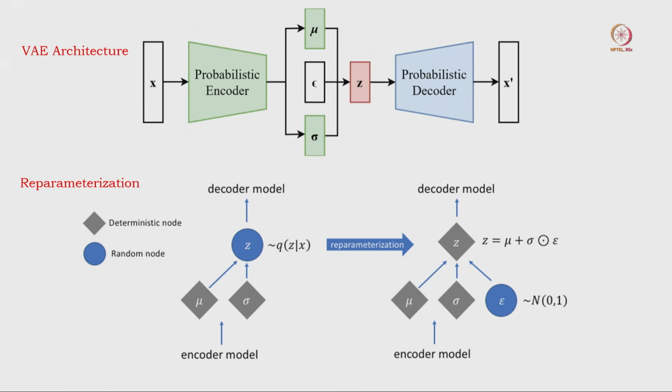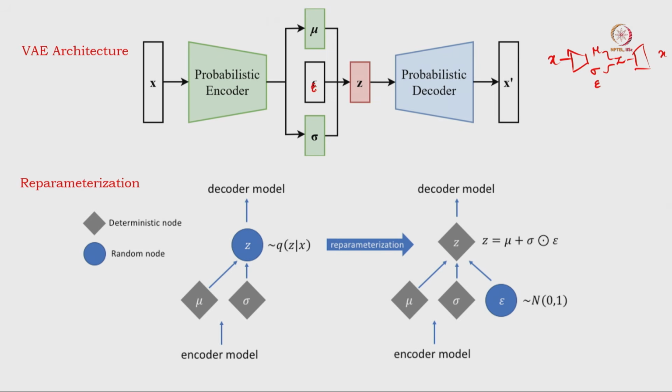This is the final architecture of the VAE. Earlier we just took the input and passed it to an encoder. The encoder gave mu and variance, and from these Z was sampled and passed to a decoder, and you got the reconstructed data X. But now, it is not just mu and variance; you also have this additional term.